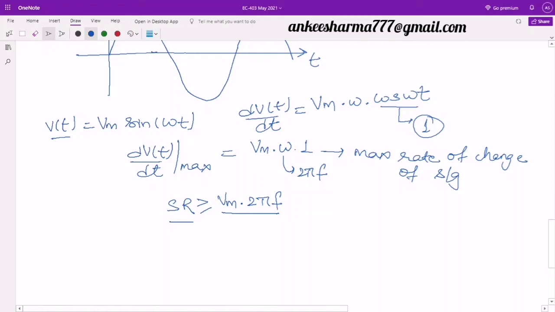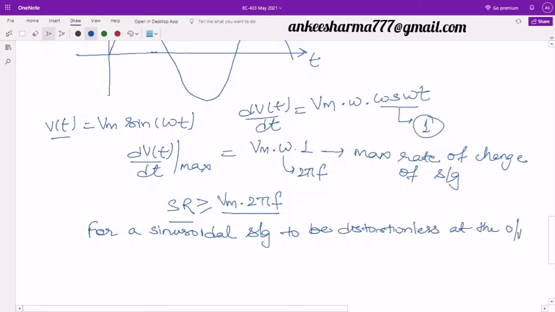So it means for a sinusoidal signal to be distortionless at the output, we want our slew rate to always be greater than or equal to Vm into 2 pi f max.